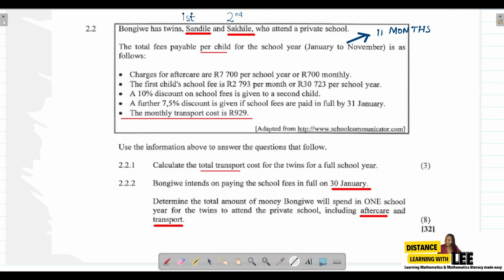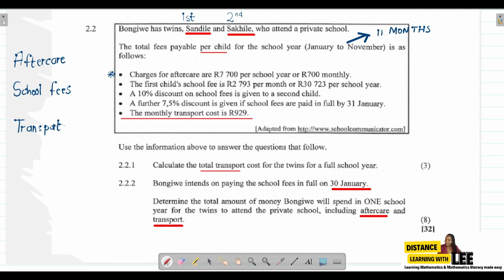So we're going to first start off by calculating the aftercare, right? Then we're going to see how much she pays for the school fees. And then we're also going to calculate how much she pays for the transport, okay? But we already calculated how much she pays for the transport. And then we're going to add up all those fees, okay? So let's see.